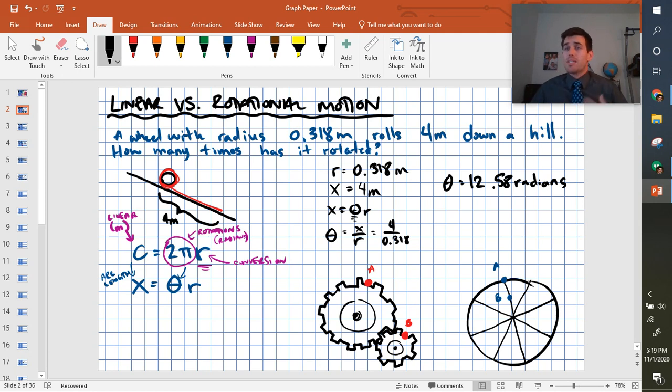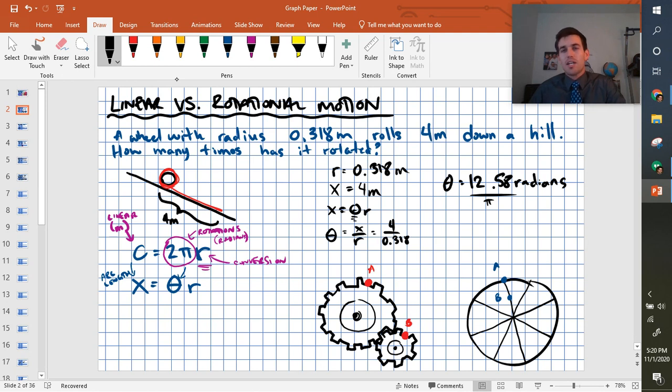But this question didn't ask us how many radians it rotated. It asked how many times. That's really a question of revolutions. So if I want to figure out how many revolutions it is, recall that we found out in our last video that we can divide by 2 pi to figure out how many revolutions it is from radians. I'm actually only going to divide by pi though, because I want to get it in units of pi.